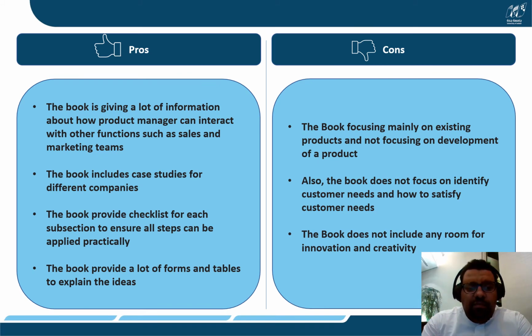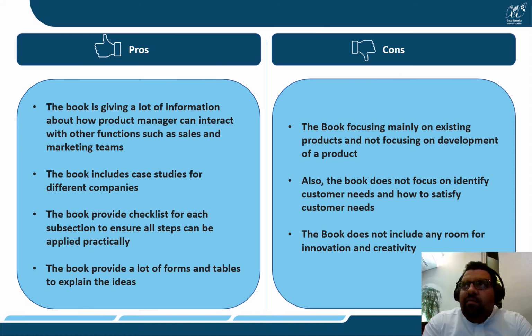Also, the book provides a lot of checklists, as I mentioned before, for each subsection to ensure all steps can be applied practically. The book is more of a practical guide. It also provides a lot of forms and tables to explain the ideas, so it's not only focusing on theory. The book is trying to focus on how to make things happen on the ground.